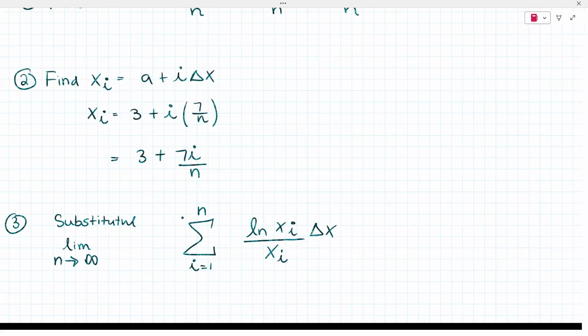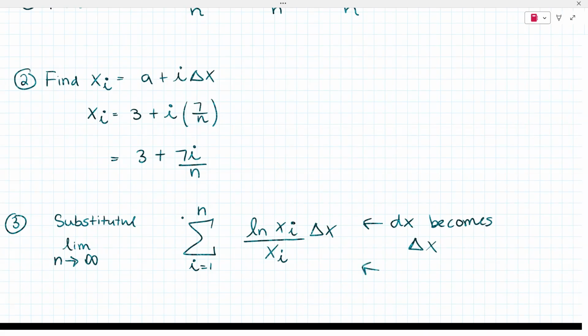So dx becomes delta x. So what you're going to do is replace x with x sub i.